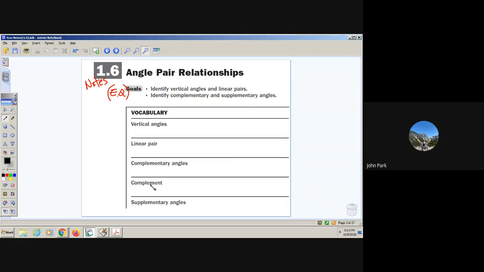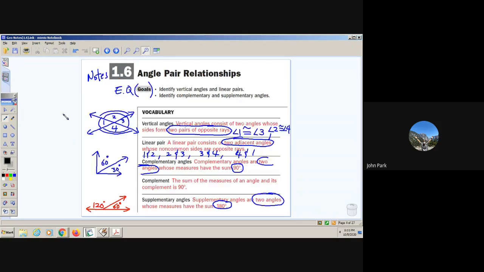And so some of the vocabulary words we have here. Vertical angles are two angles whose sides form two pairs of opposite rays. Now, that may be a little difficult to understand.